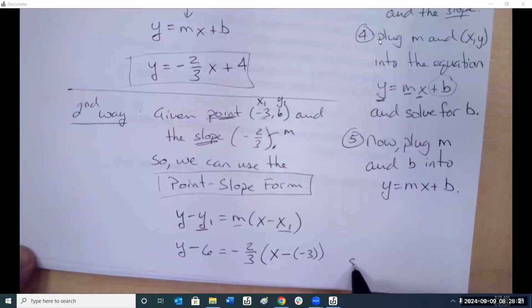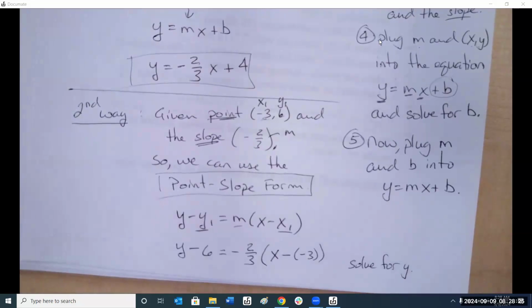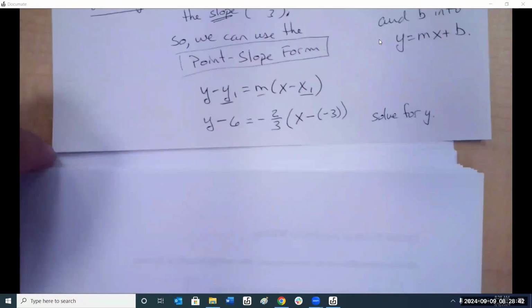Now it sounds like it's fewer steps, but whenever you deal with fractions, you have a lot more things to worry about, especially if the fractions are negative, because now you have to worry about negatives and fractions. So I'll show you how to work around that part.